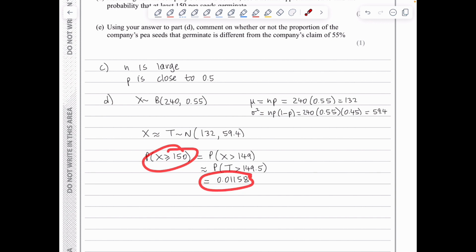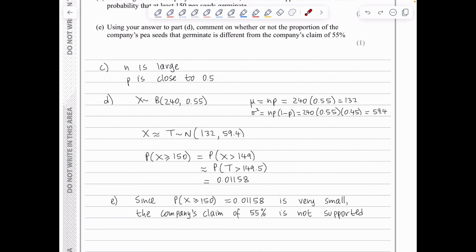It's actually a small probability, and all of this was calculated based on the assumption that the probability of germinating was 0.55, so assuming that the company's claim is correct. However, the fact that we obtain a small probability probably means that the claim is not supported. So what you need to say is that since the probability we just found is very small, then the company's claim of 55% is not supported.